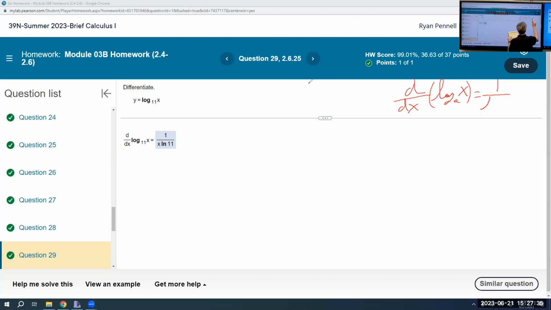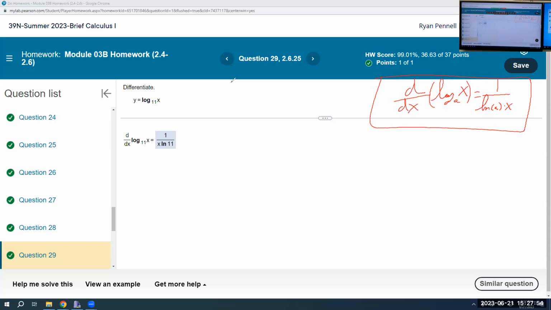The derivative of log base a of x is 1 over the natural logarithm of a times x.